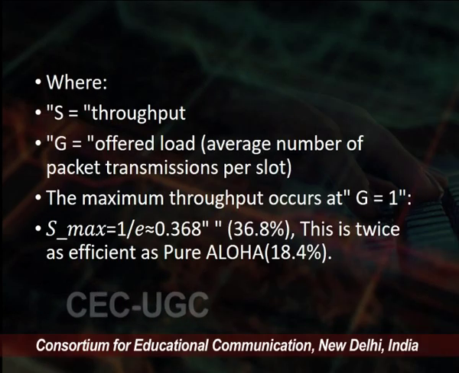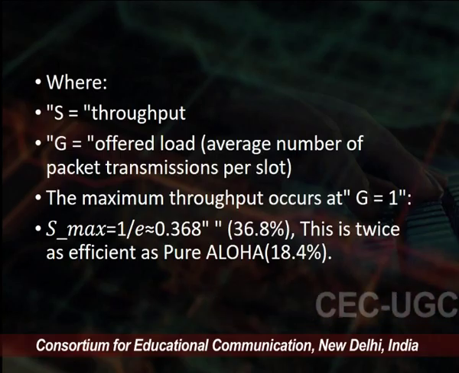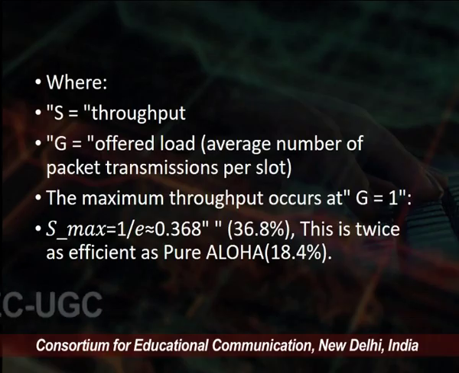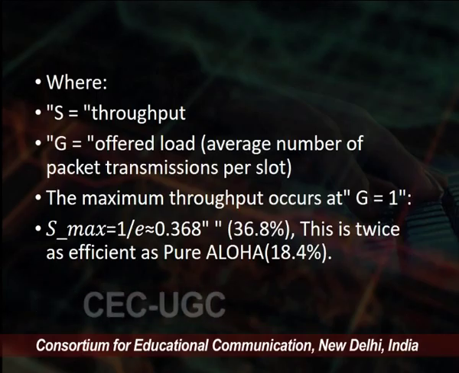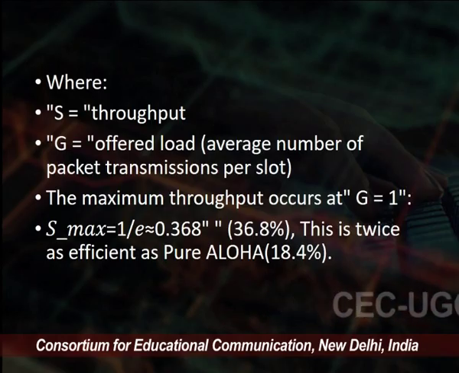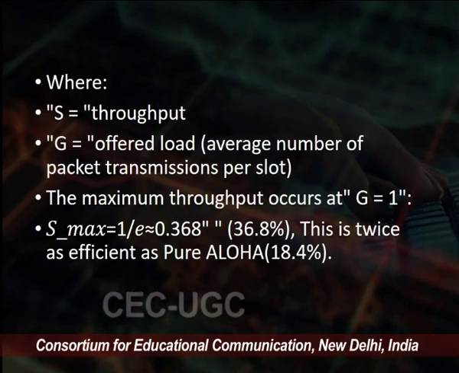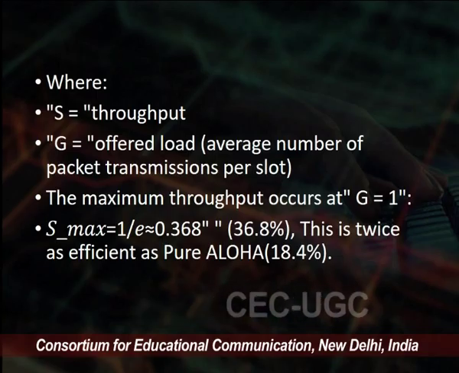So our S max, which is the maximum throughput in case of slotted ALOHA, comes to 1/e, which is nothing but 0.368. So 0.368 means 36.8%, which is precisely twice as efficient as pure ALOHA.